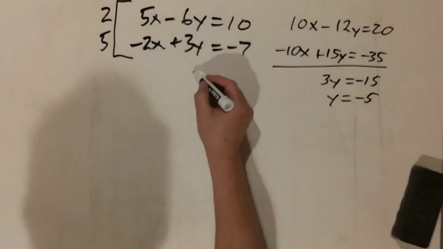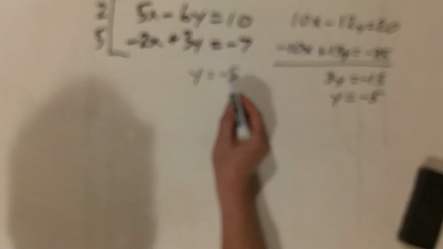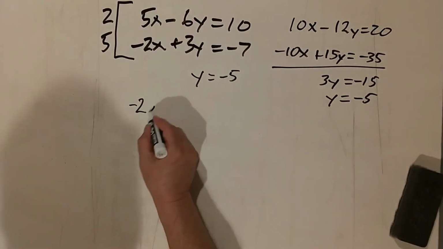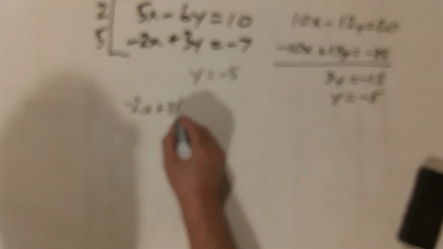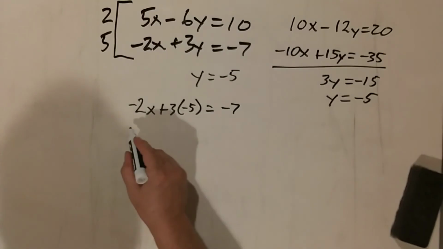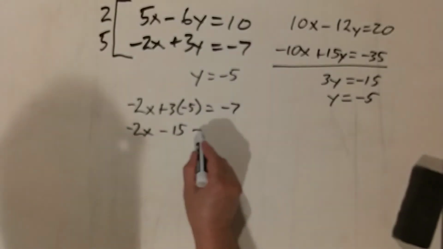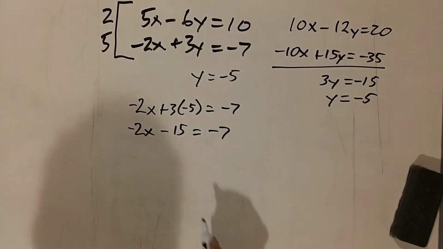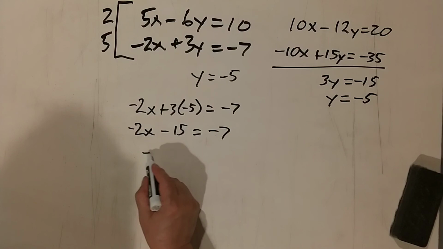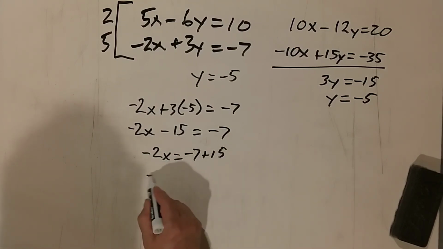So now I have y equals negative 5. Now I substitute that back into the equation above. Negative 2x plus 3 times negative 5 equals negative 7. So negative 2x minus 15 equals negative 7. So negative 2x is equal to negative 7 plus 15. Negative 2x equals 8.